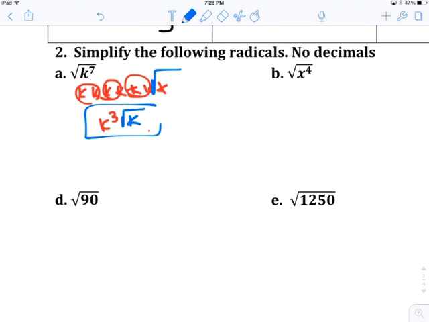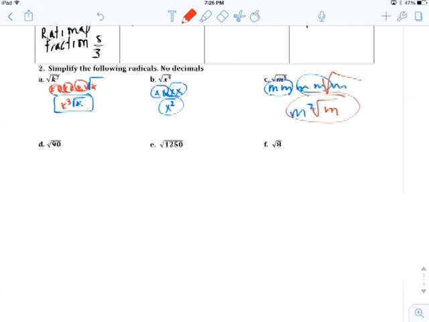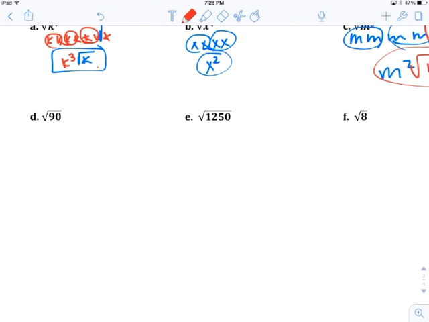That's your answer. 1, 2, 3, 4, x squared. 5 of them. 1, 2, m to the second, and that gets the square root of m. 90, 9 times 10, 2 times 5, 3 times 3.